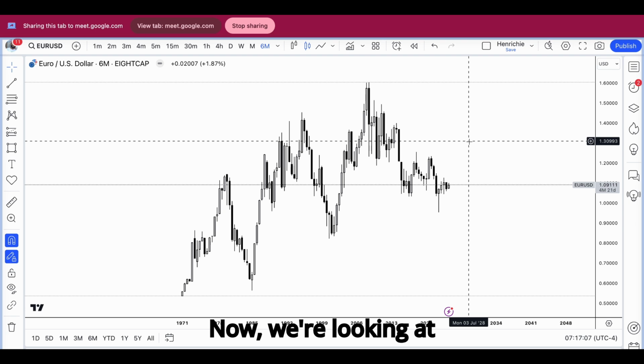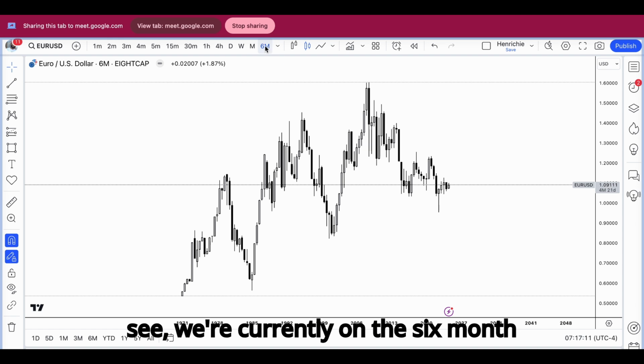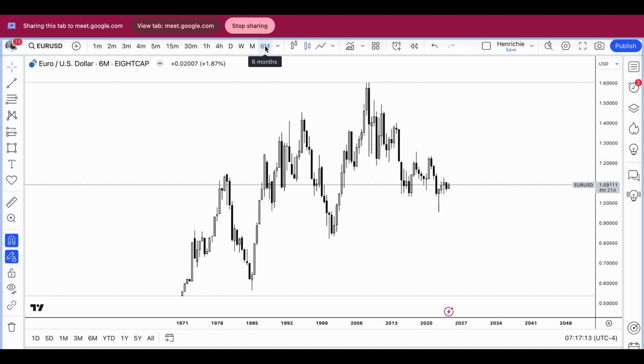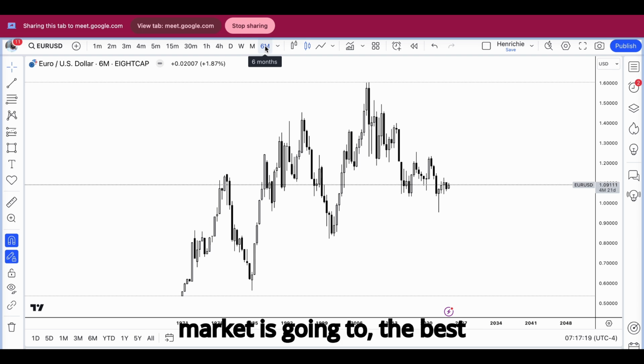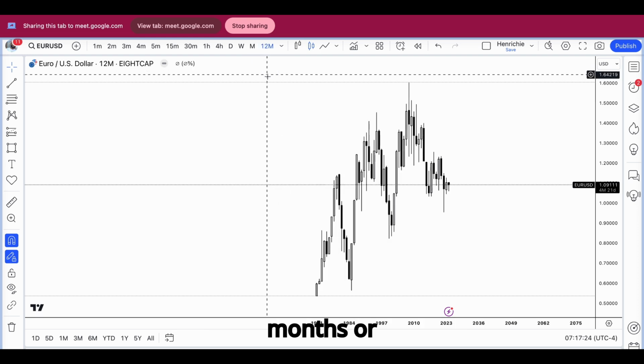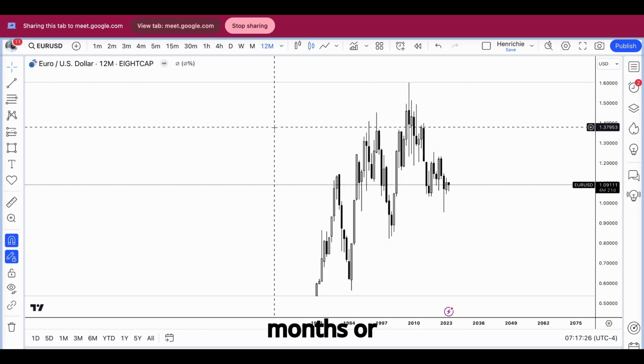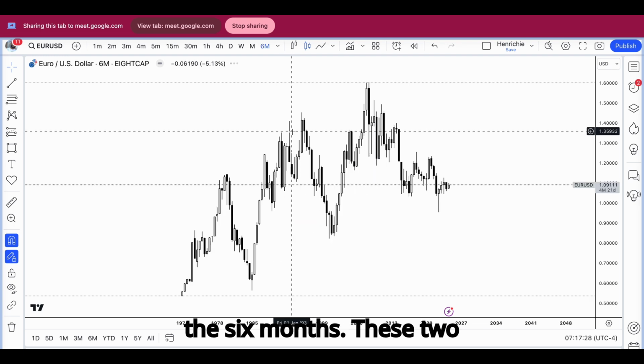Now we're looking at Euro US dollar, and as you can see, we're currently on the 6-month time frame. If you want to understand where the market is going, the best time frame is usually the 12 months or the 6 months.